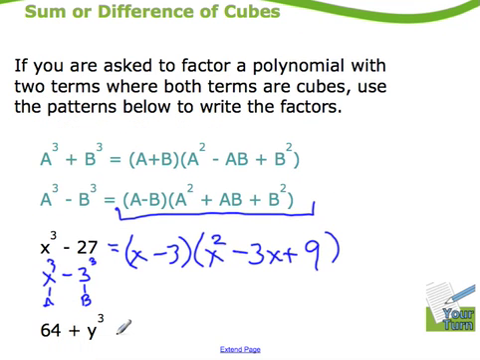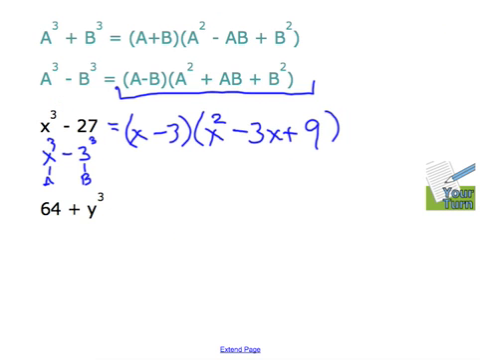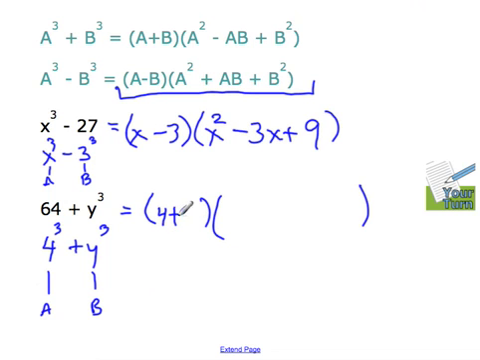Similarly with the sum of cubes, this would be the same as 4 cubed plus y cubed. So A is 4 and B is y. So when I'm plugging these into the sum of cubes formula, this one up here, a plus b, so it'd be 4 plus y.